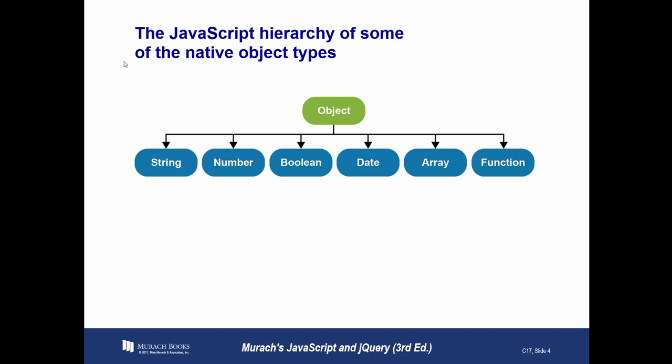At the top is the object type, and at the next level are the 6 that you see here: string, number, Boolean, date, array, and function. All right. This hierarchy means that all of the object types are at the 2nd level. They inherit everything that is native to the object type, such as the toString method.